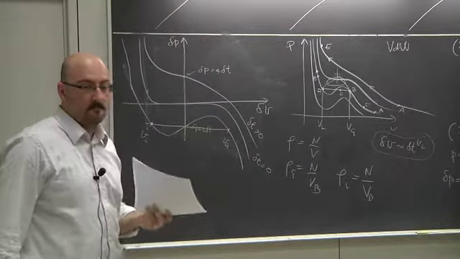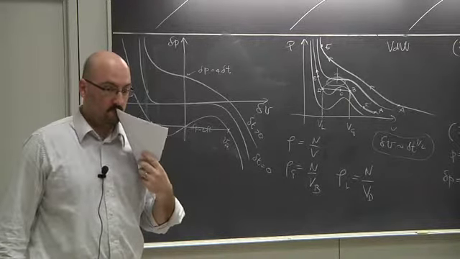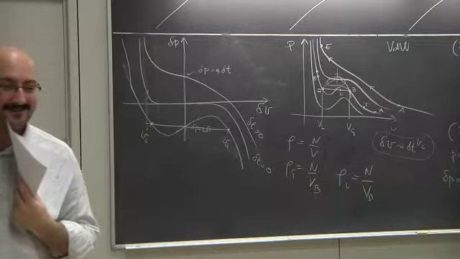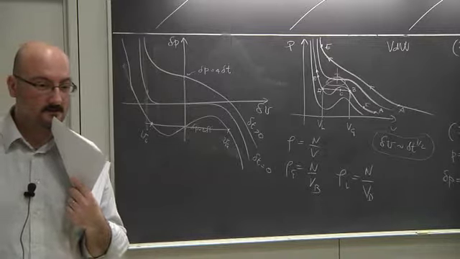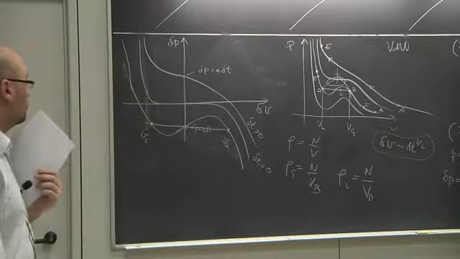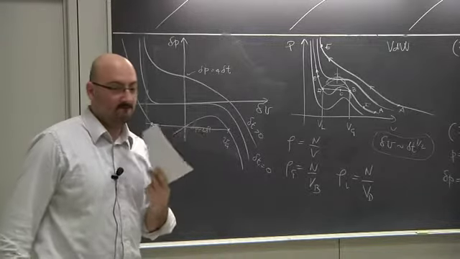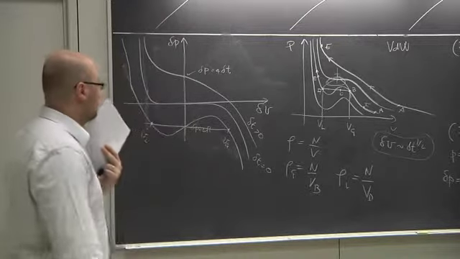For dt greater than 0, dp intersects dv at some point, here. And then for dt less than 0, it intersects somewhere here.